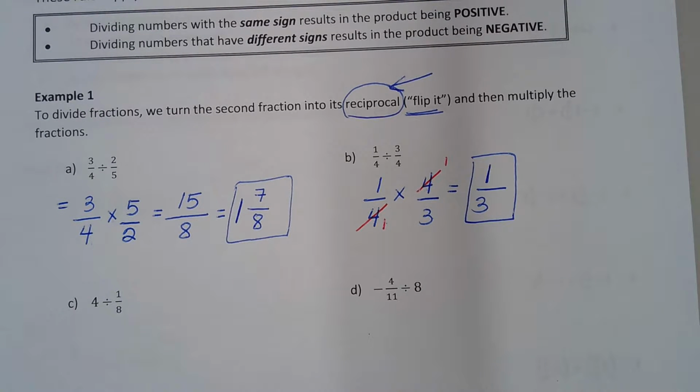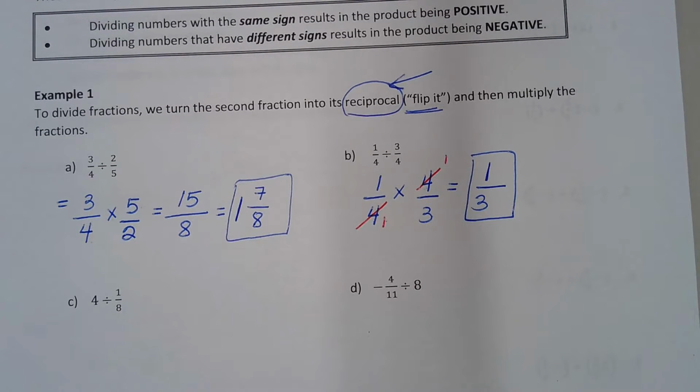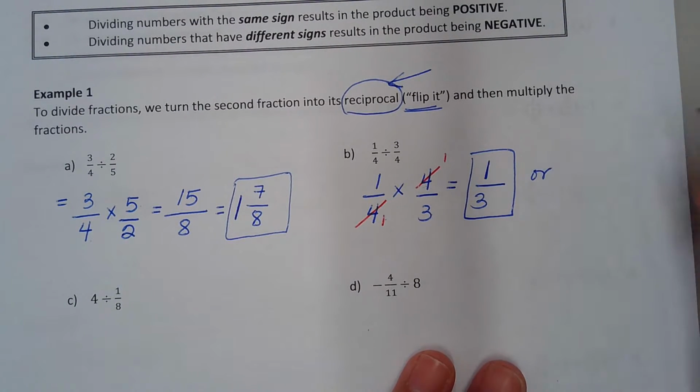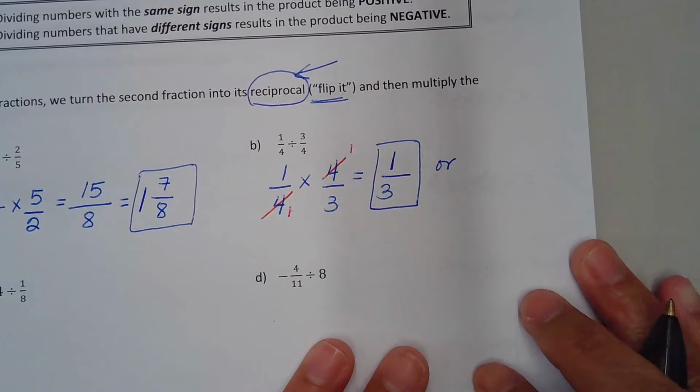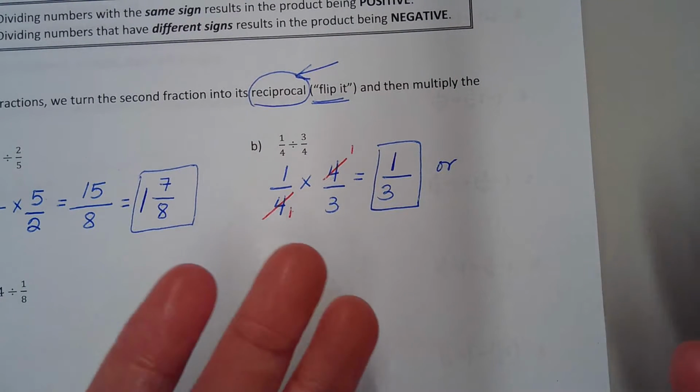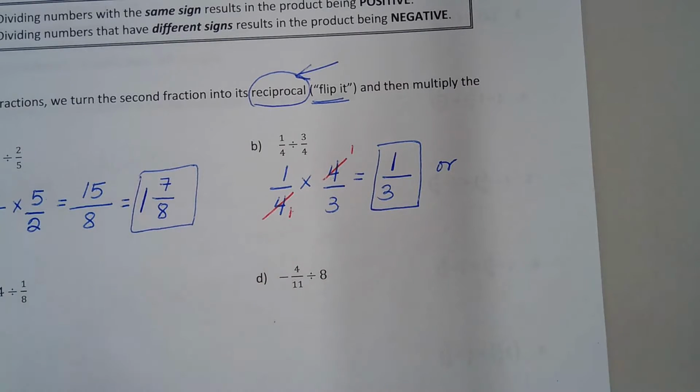Okay. Yeah, I could do exactly the same thing as the number 1. So I can just go like this, or, okay. And this is perfectly fine. You do whichever makes sense to you. Okay.